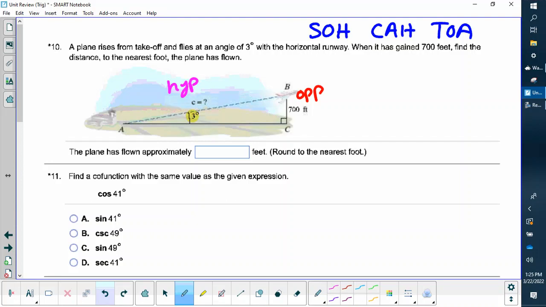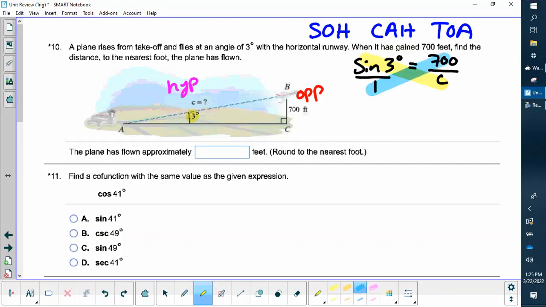Okay, the only one up here that has an opposite and a hypotenuse is sine. So the sine of 3 degrees equals 700 over c. Okay, turn this into a fraction on the left, cross multiply.